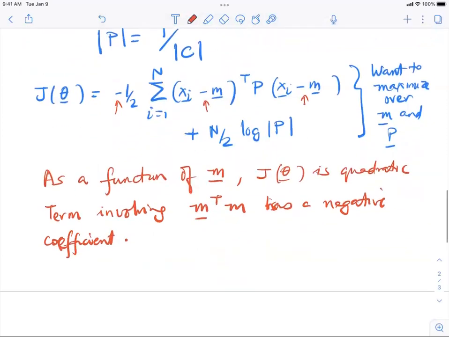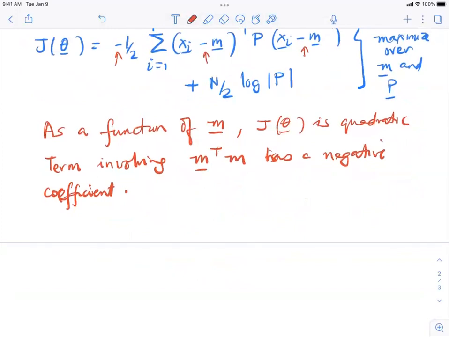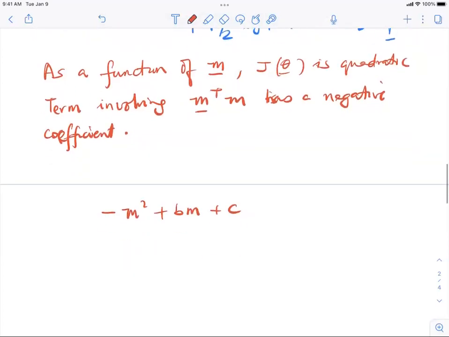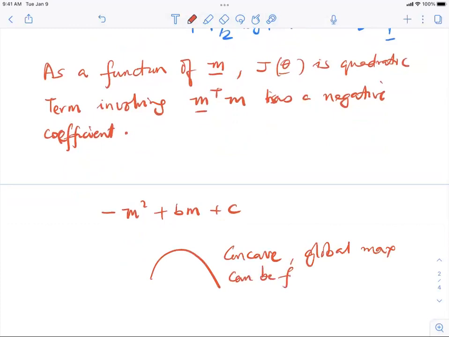If you note that a quadratic, imagine that this were just a scalar. If you had minus m squared plus bm plus c, this kind of function looks like this. So this is concave, and the global max can be found by setting the derivative to 0.